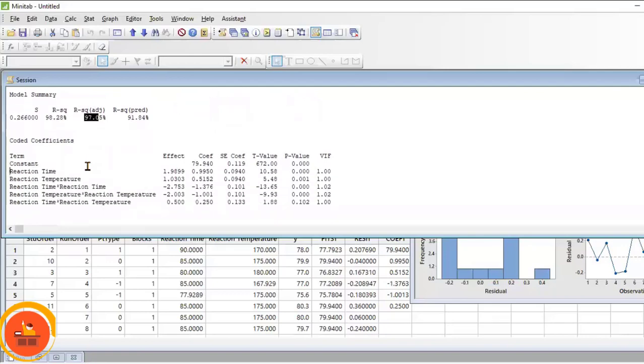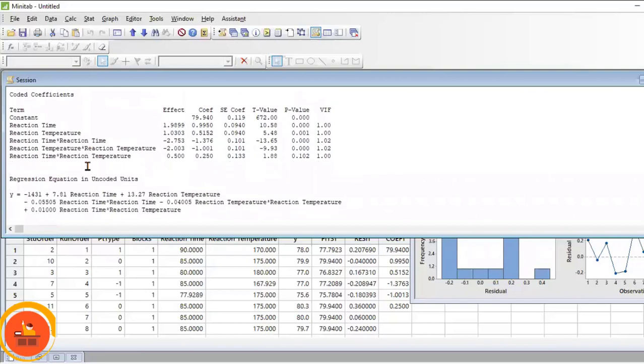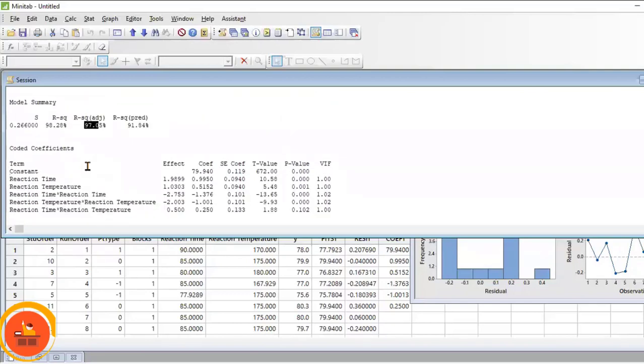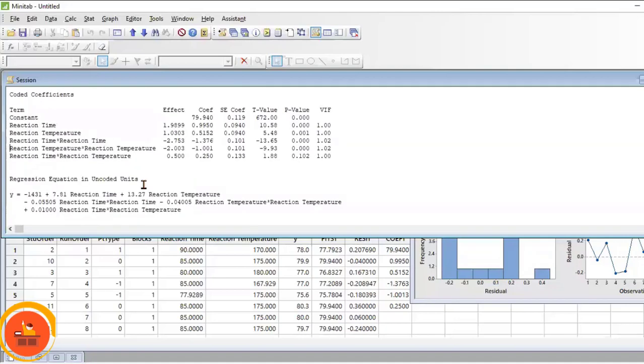Next step. Here, 2 categories we will get: coded coefficients and uncoded coefficients. So basically, we should not consider the coded coefficients. We have to go for uncoded coefficients. That's why in the storage data, I have selected the coefficients. So coefficients talks about this one.